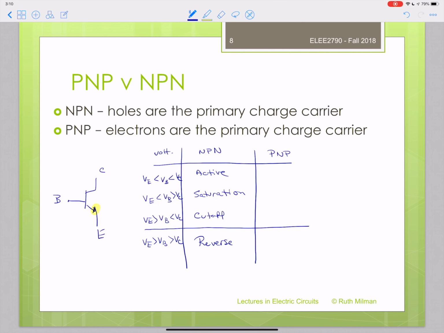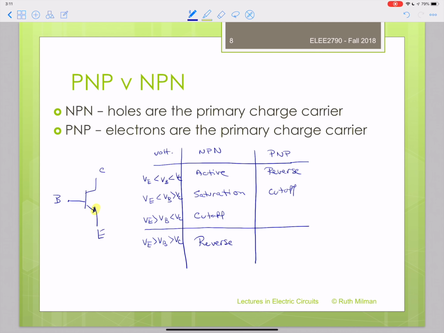On the other hand, we've got PNP. If we're working with PNP transistors, then all of this works slightly differently. In that case, if VE is less than VB is less than VC, we work in reverse mode. If we have the emitter voltage less than the base voltage, but the collector voltage is less than that as well, then we work in cutoff mode.